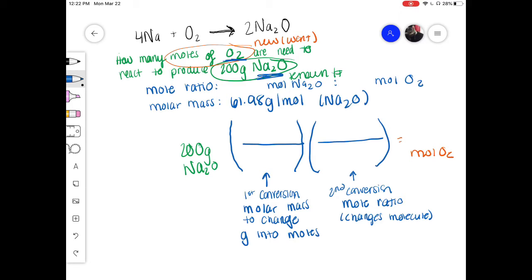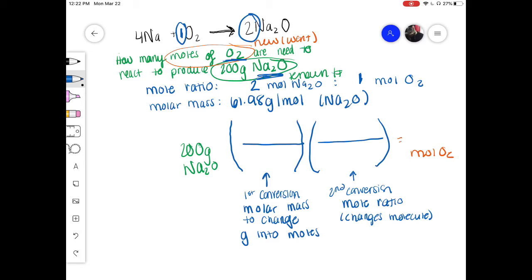We get those numbers from the balanced equation: 4Na plus O2 yields 2Na2O. Our coefficient on Na2O is 2, so that's the number of moles in our mole ratio. For O2, there's no coefficient, so it's just 1. No number equals 1. So that is our mole ratio.